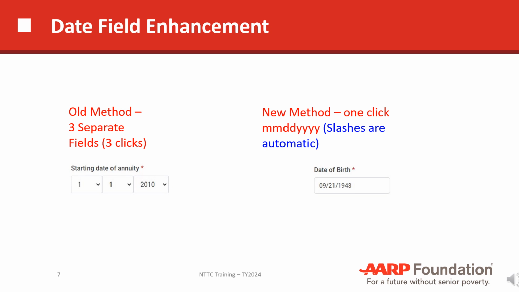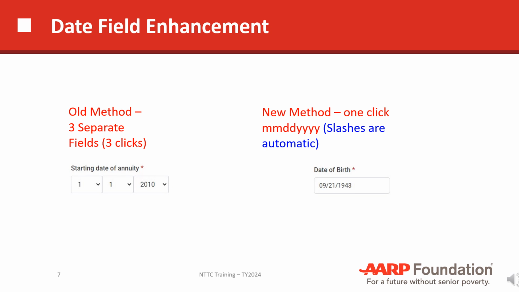So what's happened here is that in the past, we've had this old method of entering the date where we had to click on each field. So the MM field, you'd have to click on, and then you'd have to click on the DD field and the YYYY field. And also in the past, you really couldn't enter, for January, for instance, a 01.